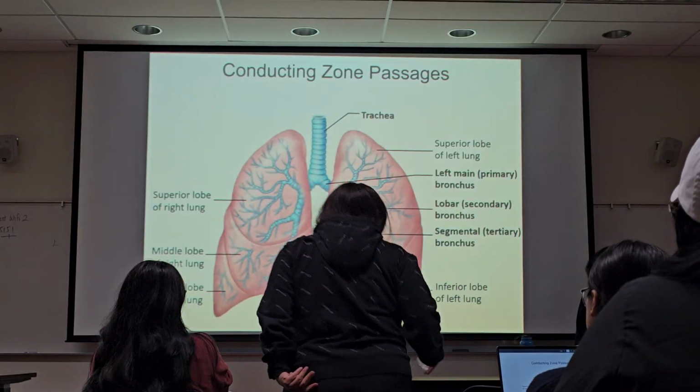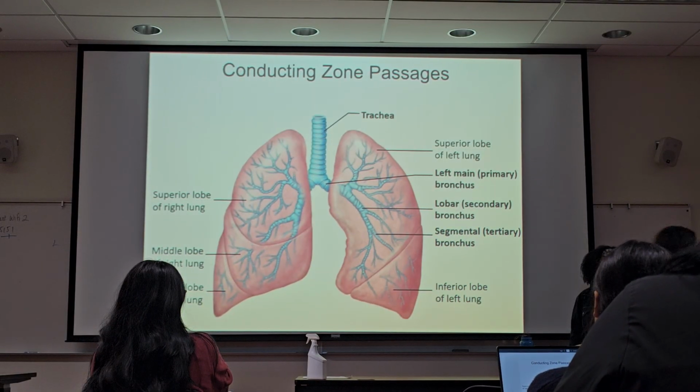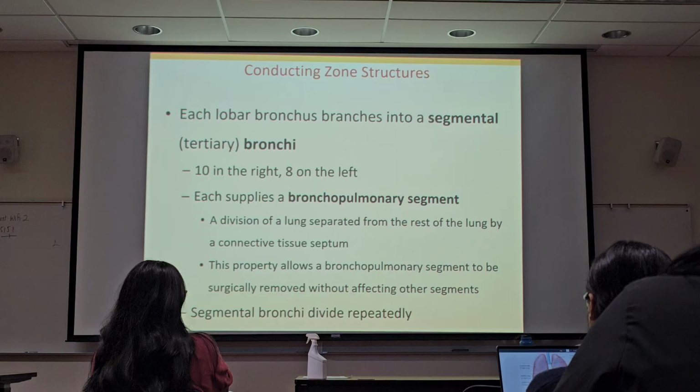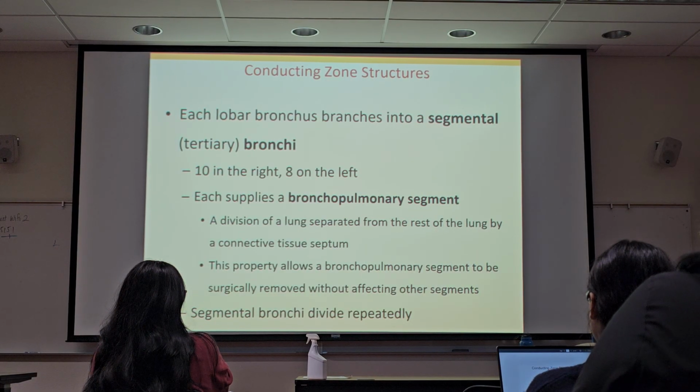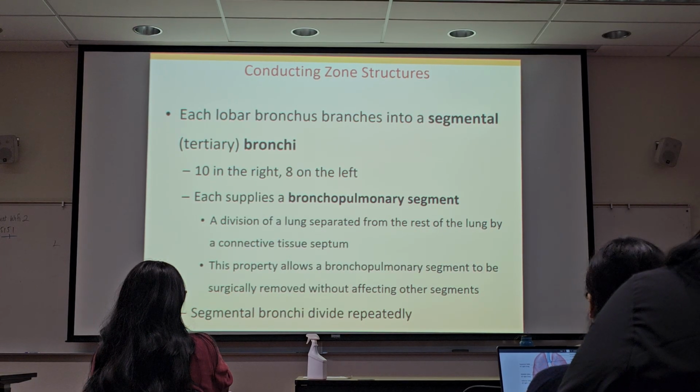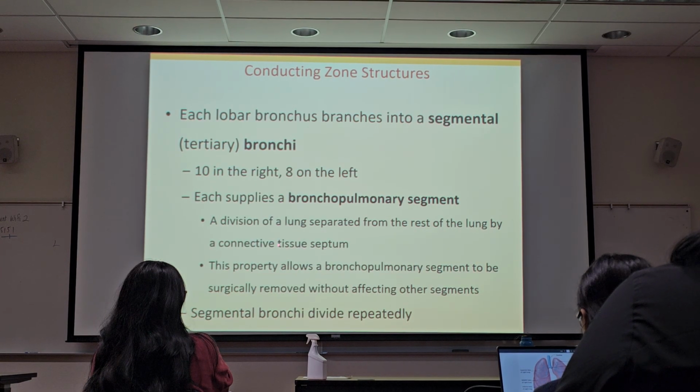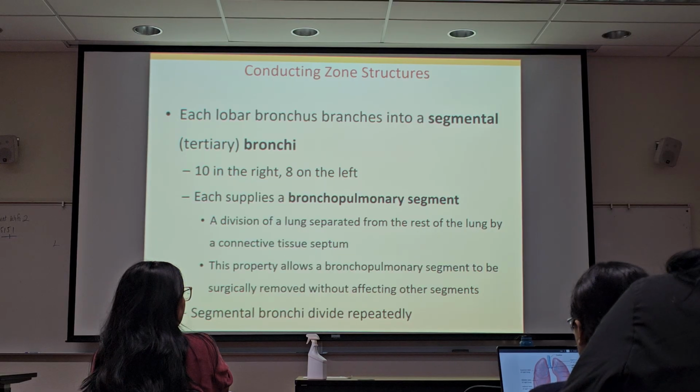Our next level of branching gets us to our segmental bronchi. Those secondary lobar bronchi will branch into, on the right, 10 segmental or tertiary, third order of branching, bronchi, and on the left, 8 of them.